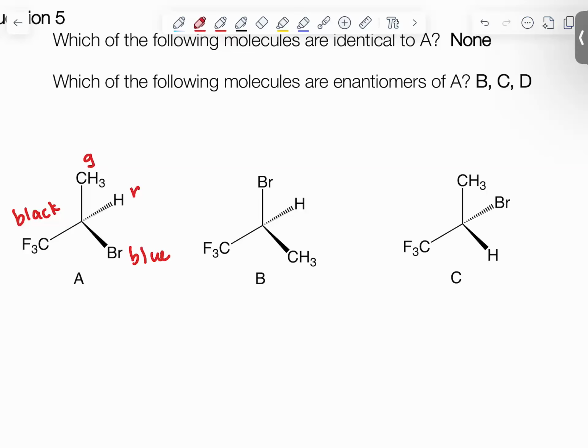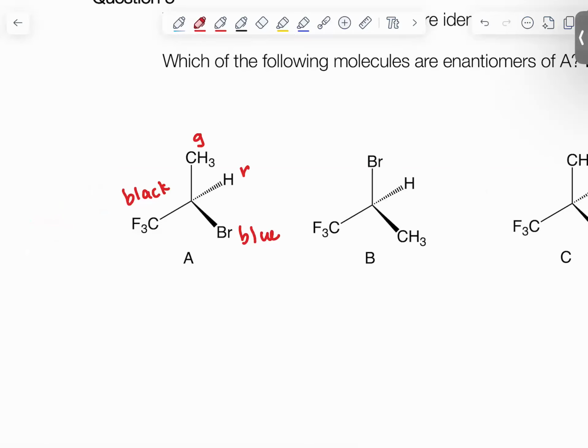If you don't have a model, we're looking for the switching of two things. So between A and B, CH3 and Br got switched. So now this is in plane and this is coming out of the screen. Because you switched those two, they're enantiomers.